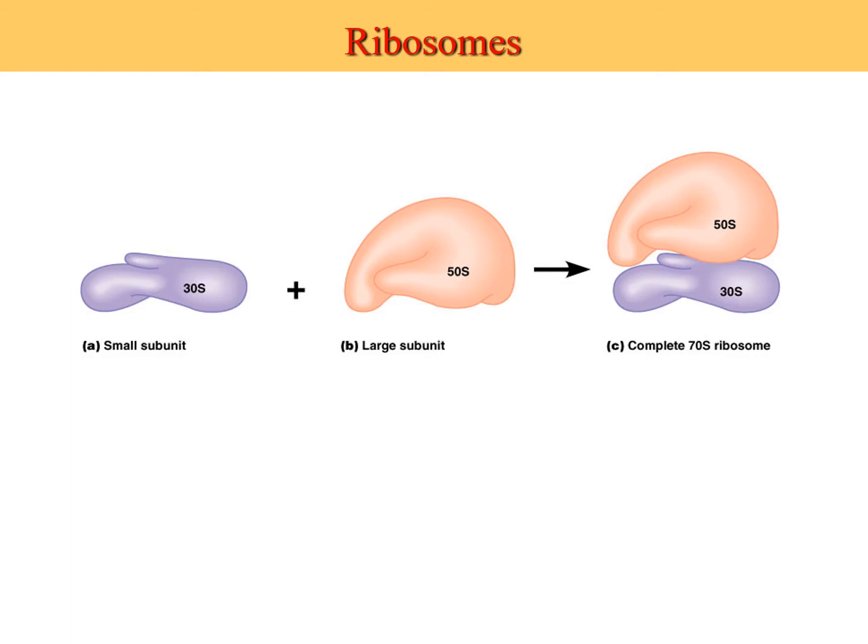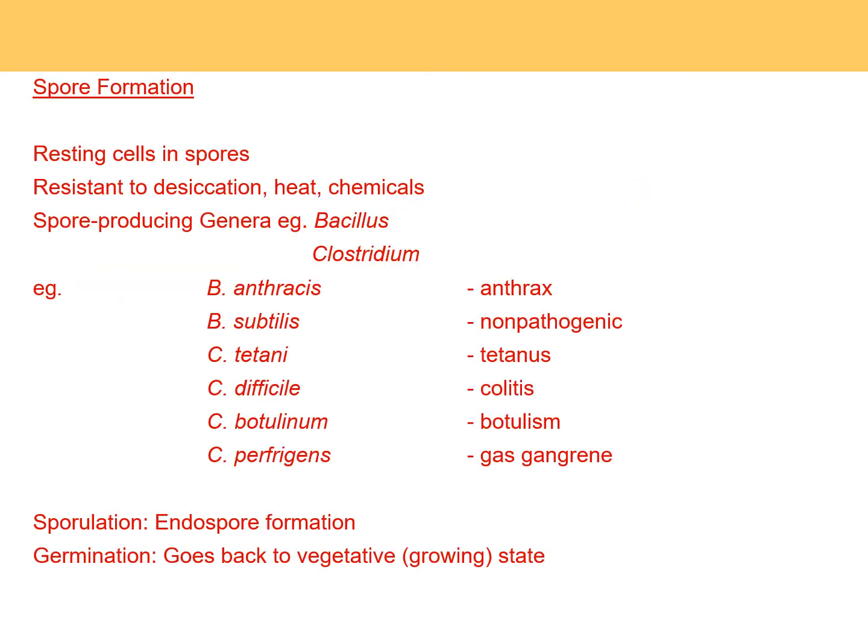It is how they characteristically sediment down through what's called a density gradient, a solution in a test tube that gets spun in a centrifuge. So you don't add them: the smaller unit is 30S, the larger one is 50S, and together they are 70S. So the ribosomes in bacteria are 70S.